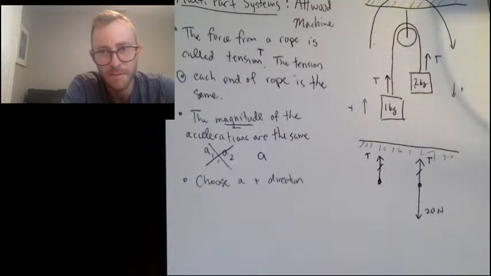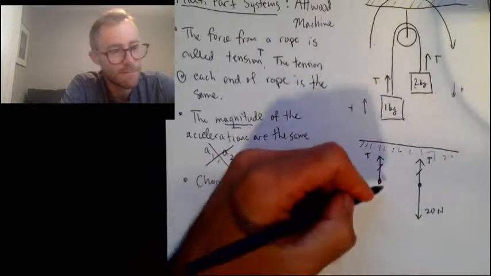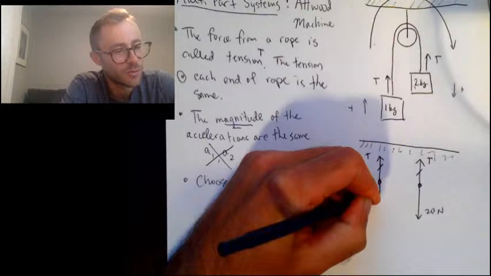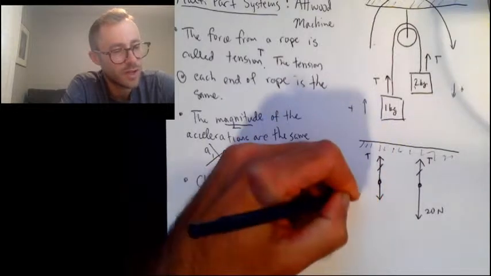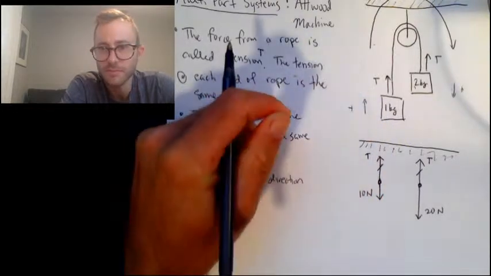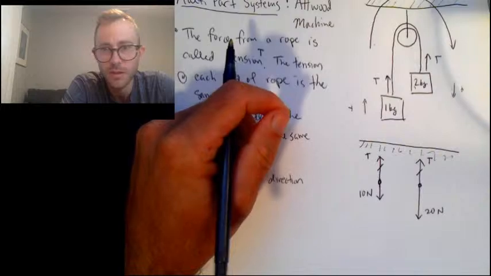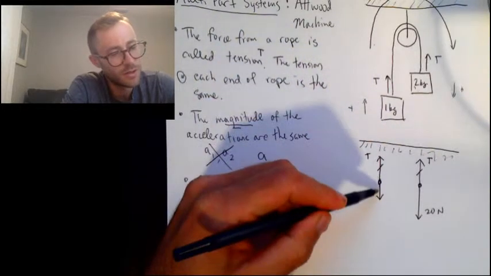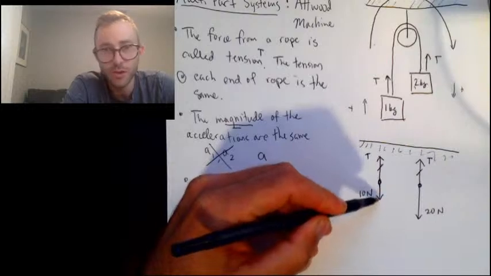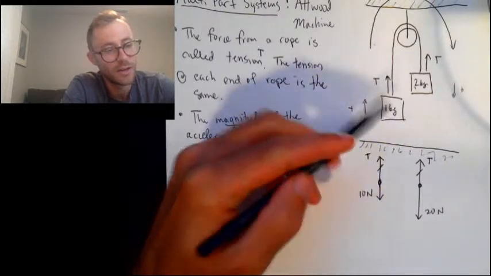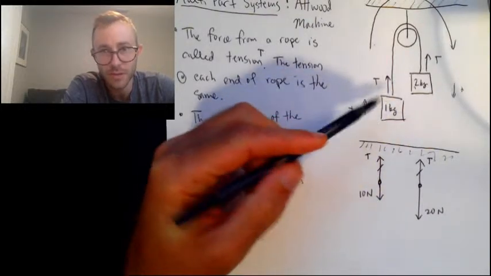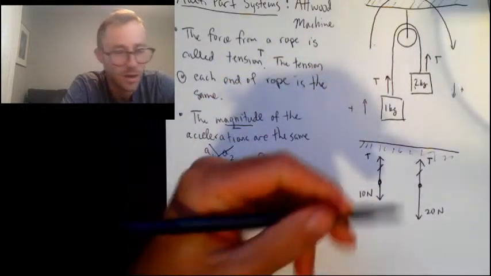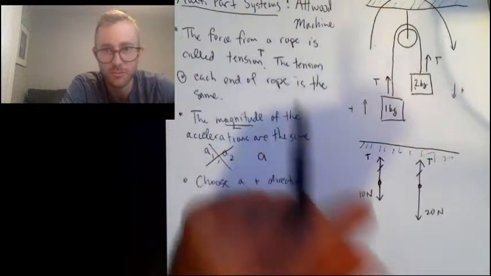And then this one has a weight force, which is 10 newtons, m times g, 1 times 10. Notice how I've drawn the 10 newtons to be shorter than the tension because I know that the 1 kilogram mass is going to accelerate upward. So I had better have more upward force than downward force.